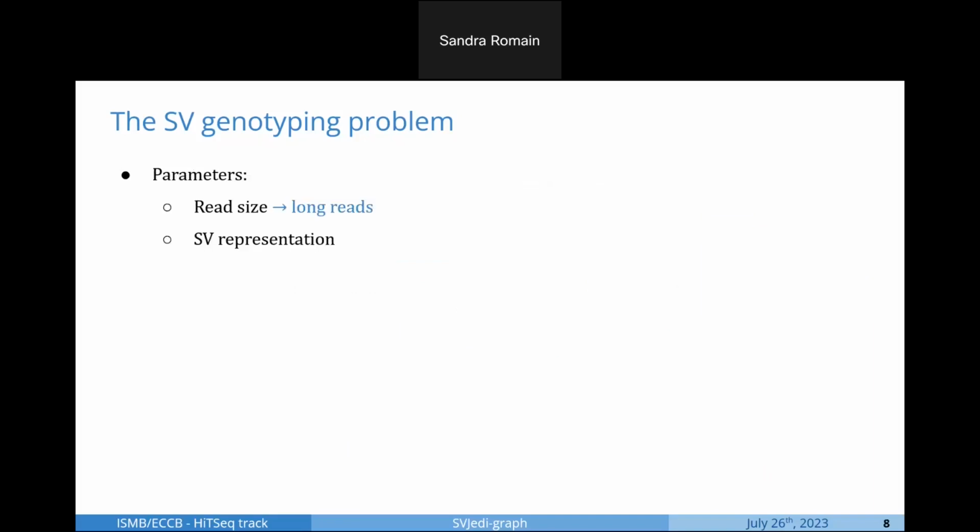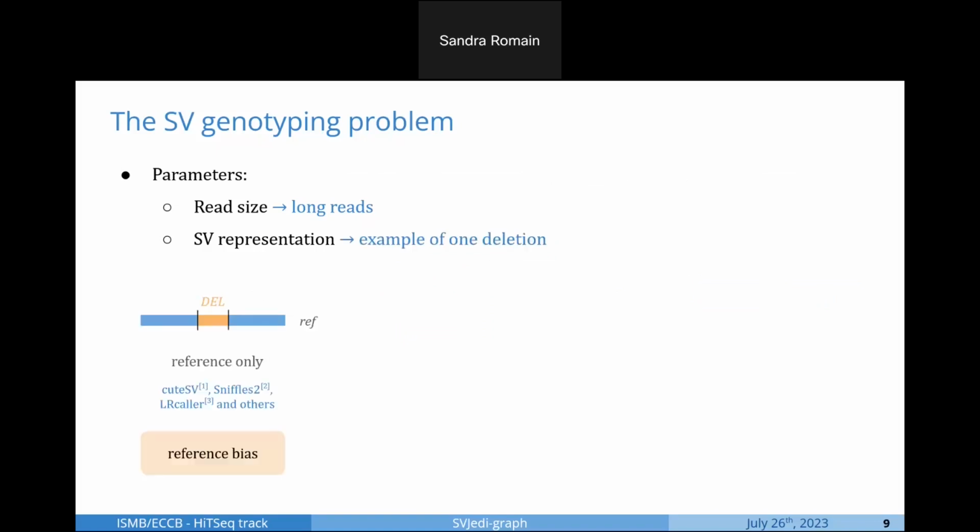So for SV genotyping based on remapping, we consider two main parameters. The first one is the read size. Here we use long reads. And the second one is the SV representation that we use to map the reads on. One option is to map the reads only on the reference genome. It is the option I illustrated just before.